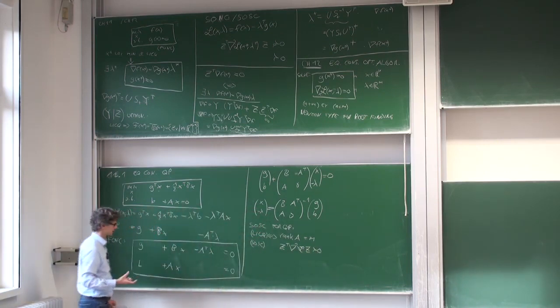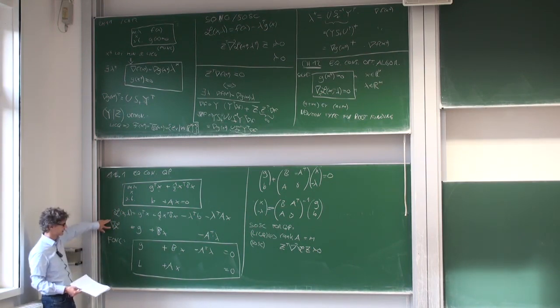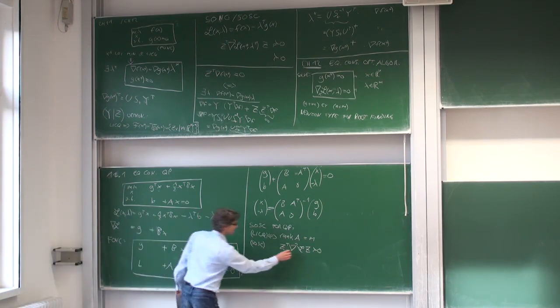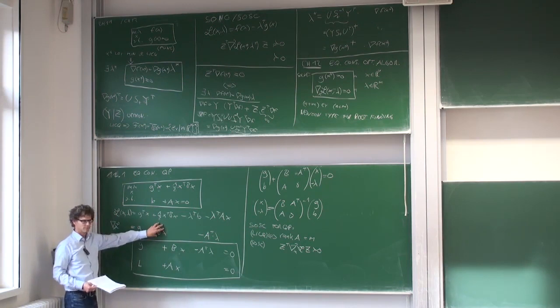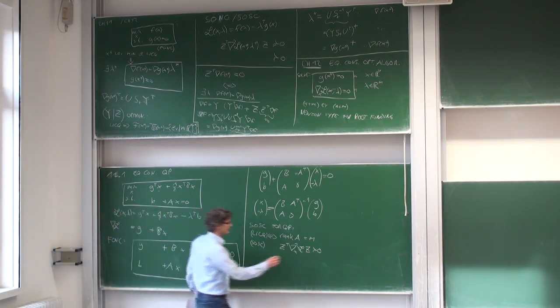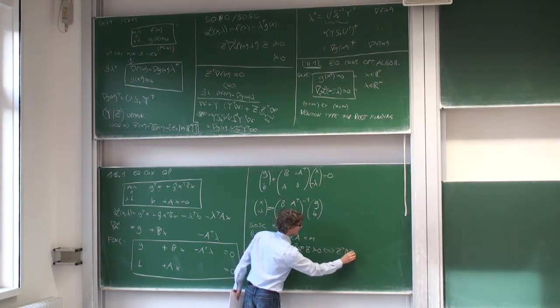But what is the second derivative of the Lagrangian? If you have this thing, then this is the first derivative, and you differentiate it again, it's always the derivative with respect to x, then you get just B. So this is actually equivalent to saying Z transpose B Z is strictly positive definite.